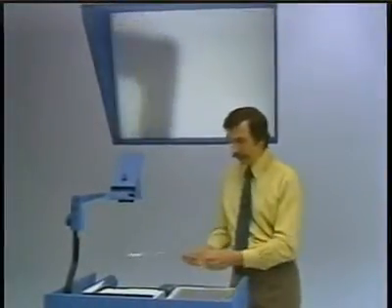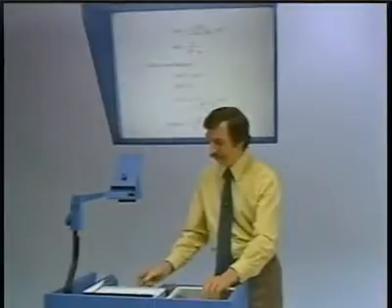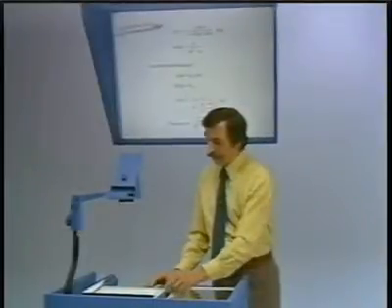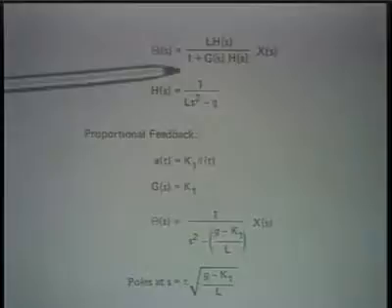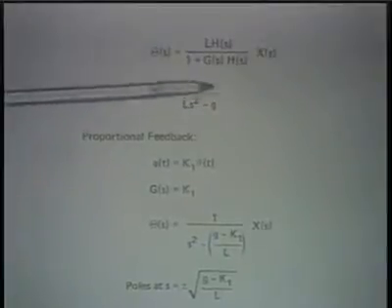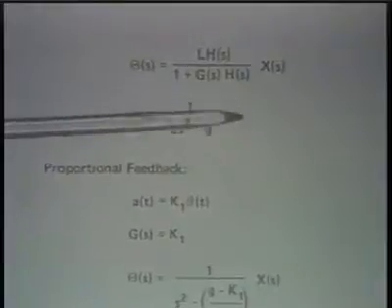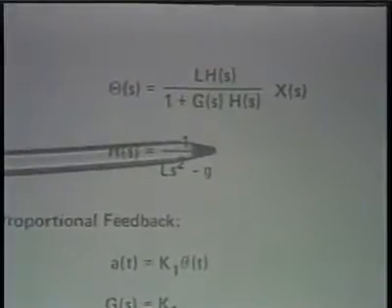Well, let's analyze the result of doing that. Once again, we have the basic feedback equation where the open loop transfer function is what we had developed previously, given by this second order expression.